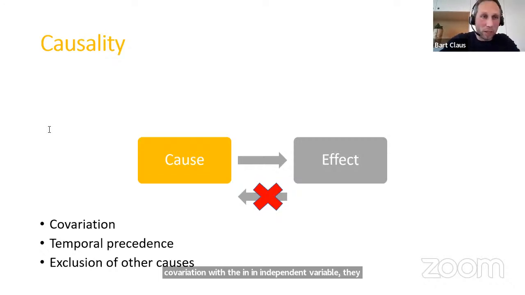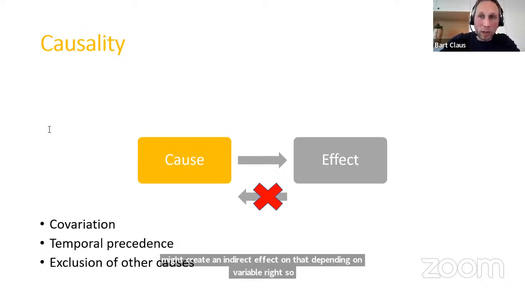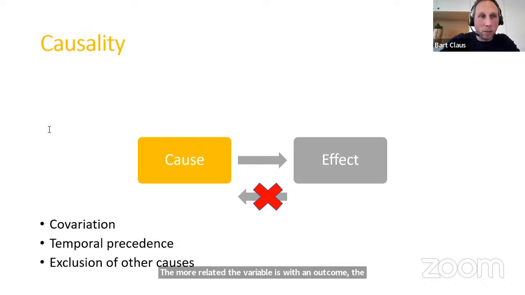So the more related a variable is with an outcome, the more important it is to watch that variable and to consider it in the interpretation of your results, right?